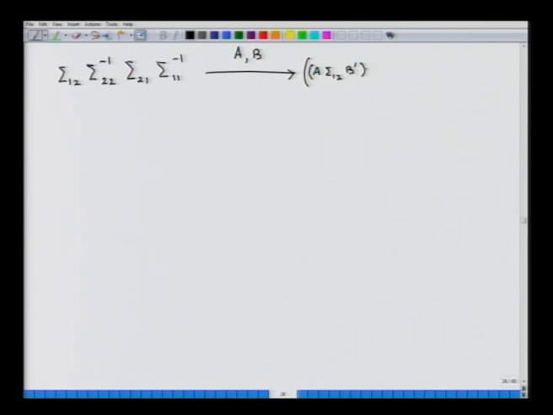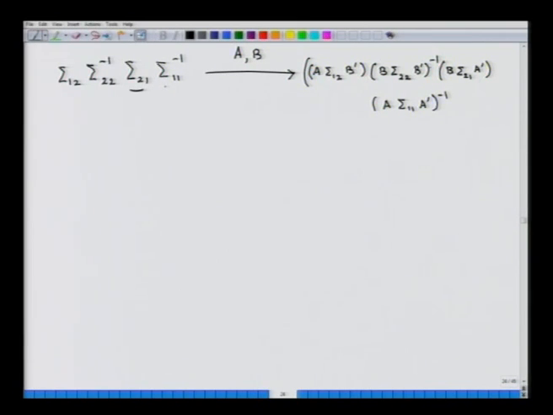So, this is corresponding to sigma 1 2. Corresponding to sigma 2 2, what we have is B sigma 2 2 times B transpose whole inverse. Then sigma 2 1 is getting transformed to the transpose of this, which is B sigma 2 1 times A transpose, and sigma 1 1 inverse is what we have as A sigma 1 1 A transpose times whole inverse.